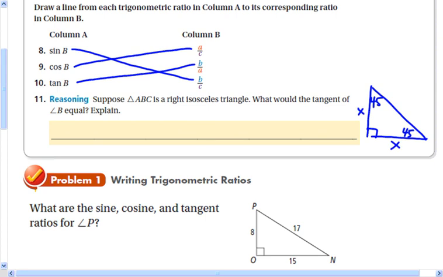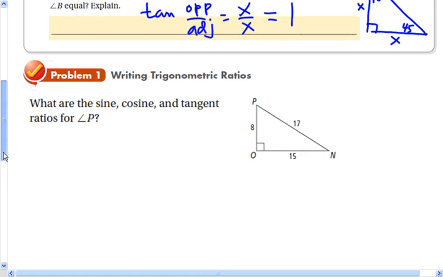And the tangent ratio is the side opposite over the side adjacent. In this case, if it's an isosceles right triangle, then we would be doing x divided by x, which is 1.